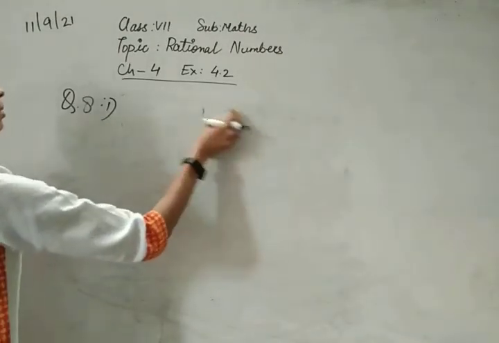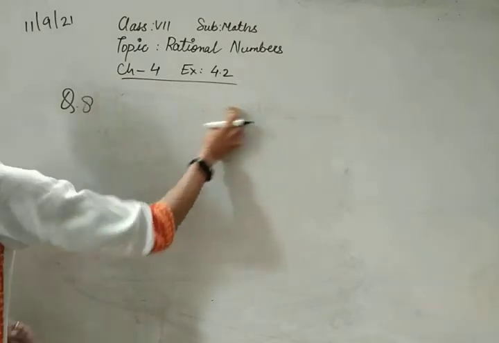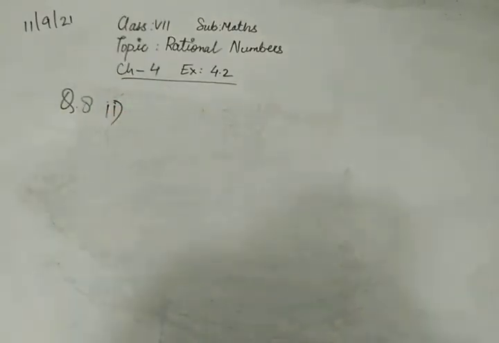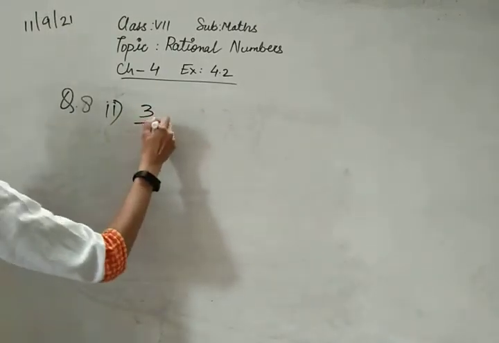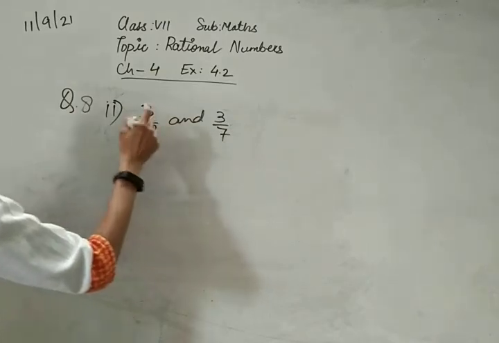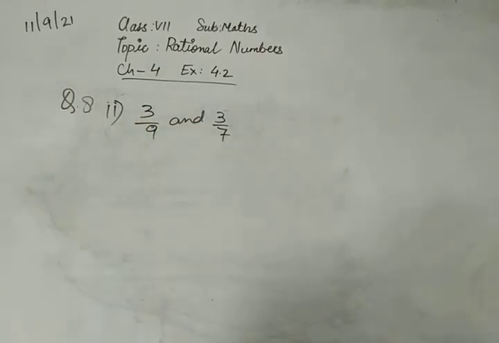I am doing question number, part 2. The first one is easy, 3/9 and 3/7. You have to insert 3 rational numbers in between these rational numbers.